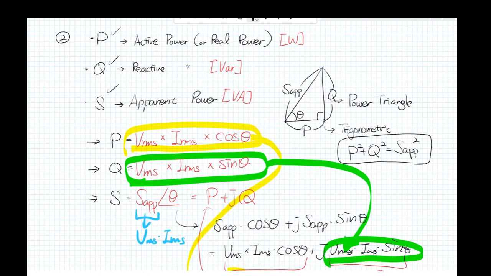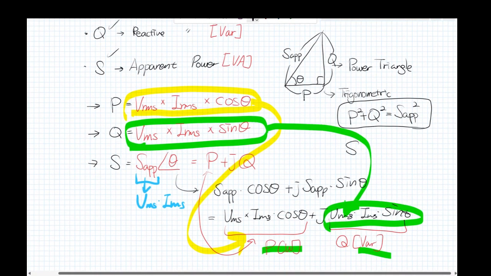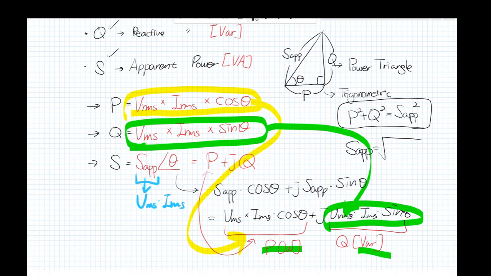Okay. So if we want to find S sub APP, as we already know the values P and Q, we can find it. All right.